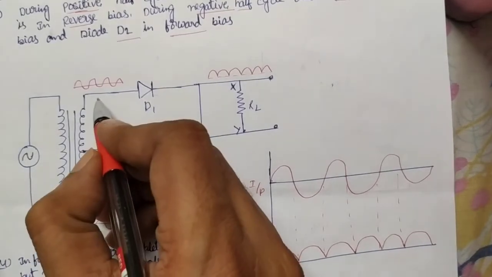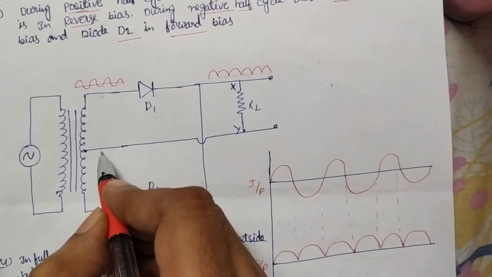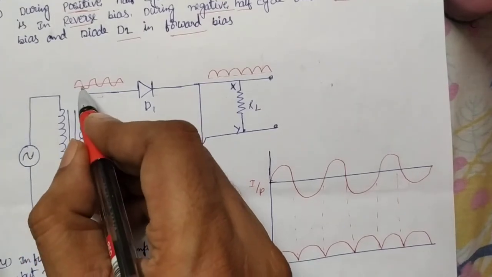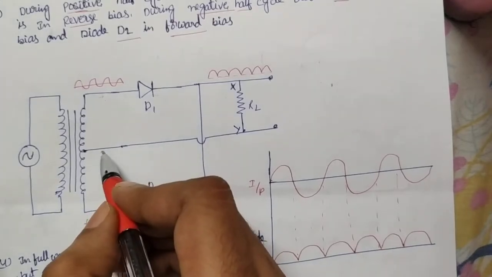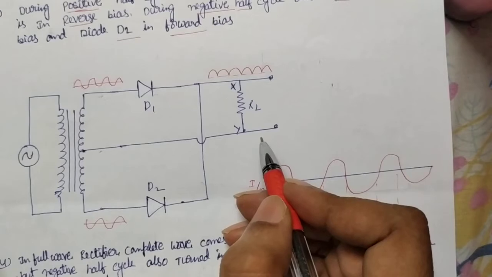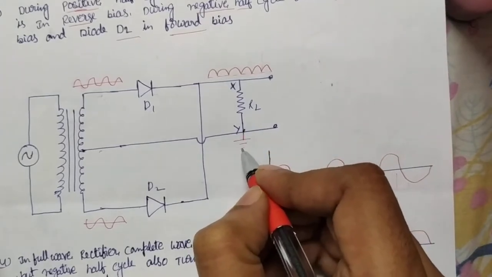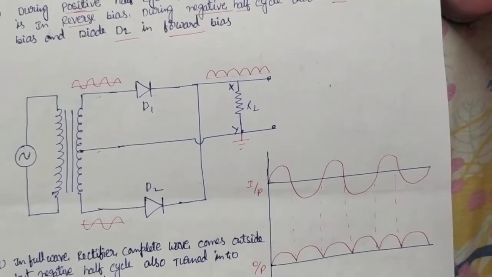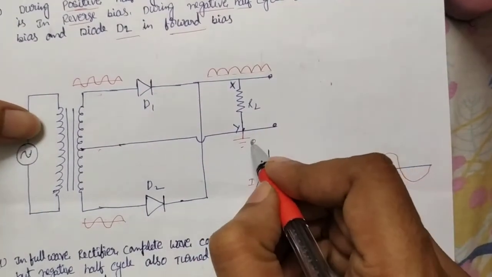Suppose this is positive and this is negative, and this is 0. Within a fraction of a second, this becomes negative and this becomes positive, and still this is 0. It always maintains 0 potential, which is connected with ground. Ground has 0 potential. So earthing and grounding are both the same, 0 potential.